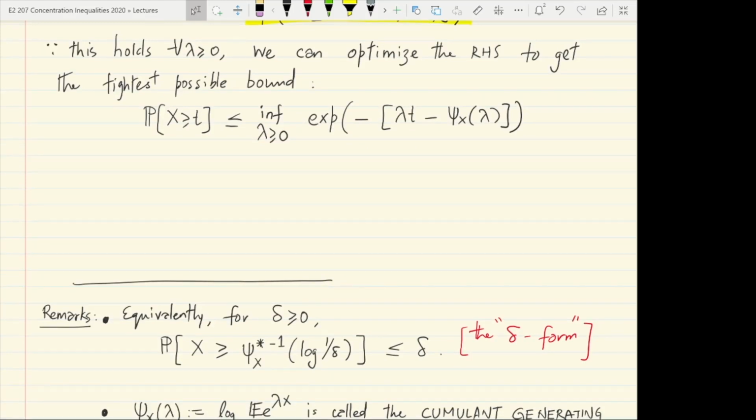It allows you to take minimums over sets where the minimum may not be exactly attained. So it follows that this is exactly the same as the exponent of, when you move the infimum inside with a minus sign, a supremum over all lambda greater than or equal to 0 of the function lambda t minus Cx of lambda.